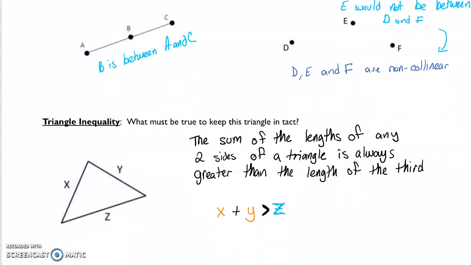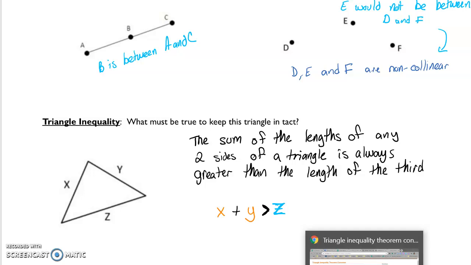So the triangle inequality theorem states that the sum of the lengths of any 2 sides of a triangle is always greater than the length of that third side, or in this case, if I add the length of x and y, it has to be bigger than z. If I add the length of y and z, it has to be bigger than x, and so forth.